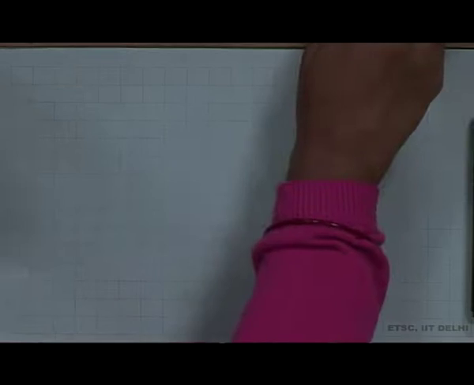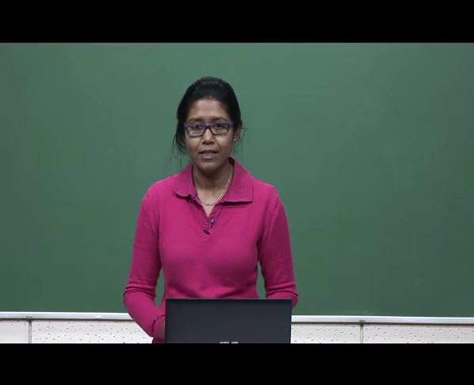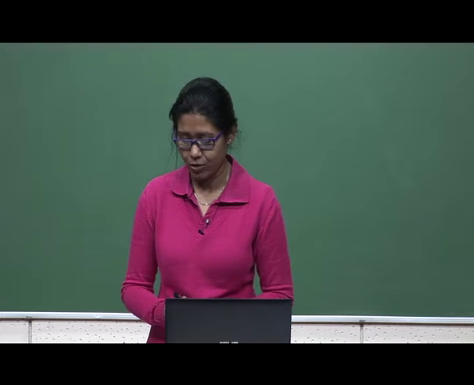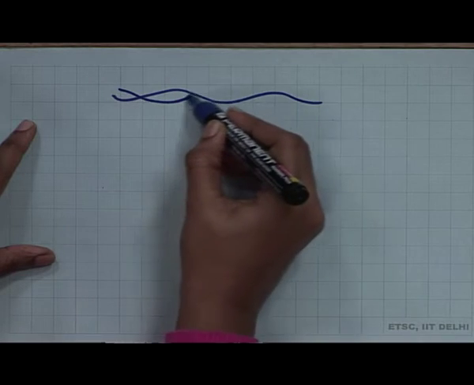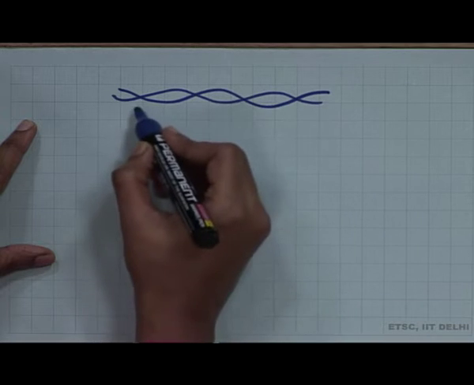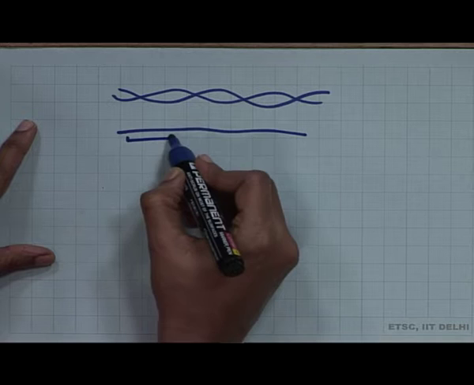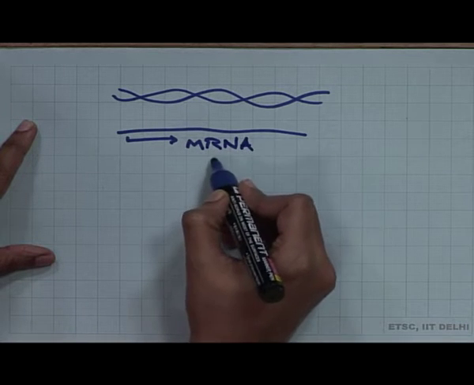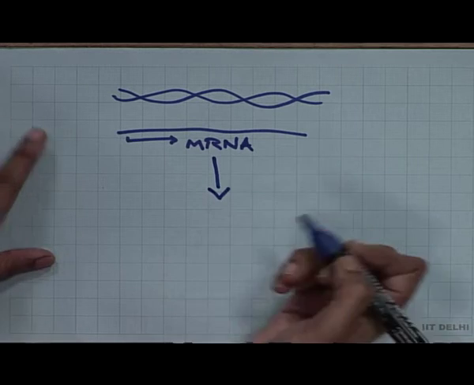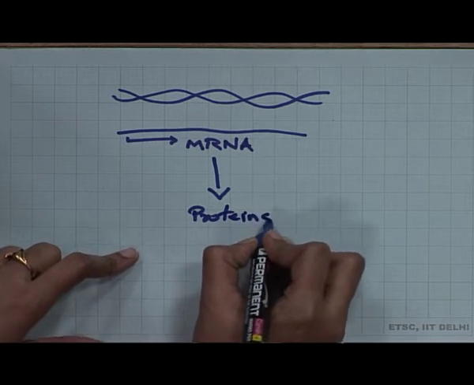So for that, let us come to some basic understanding of recombinant DNA technology. As we know, DNA is a double helical structure, right? And one of these strands of the DNA would be used to produce the messenger RNA, which would be coding for your proteins, correct?